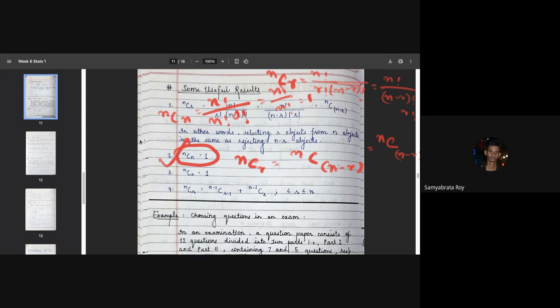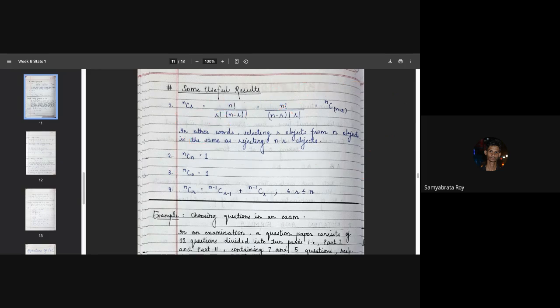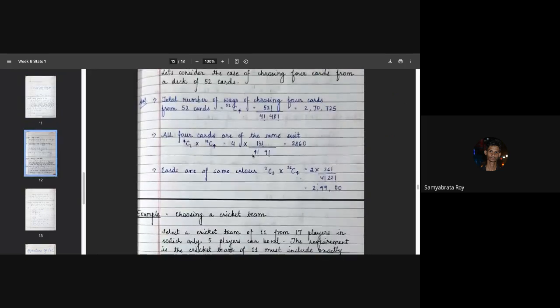And from this formula we can also say that nC0 will result the same. Okay, any doubt? Let us do a few questions then.